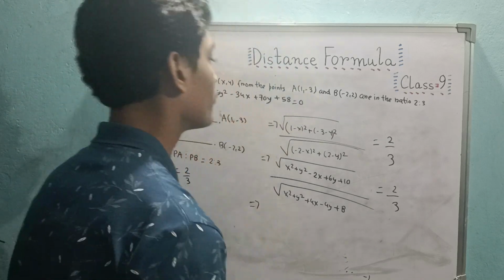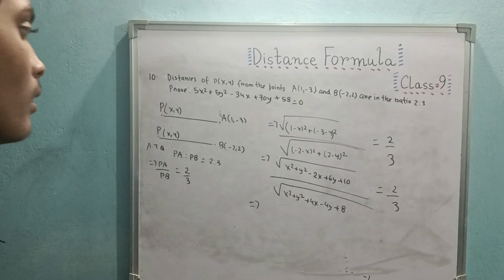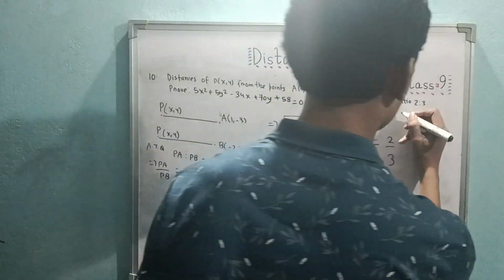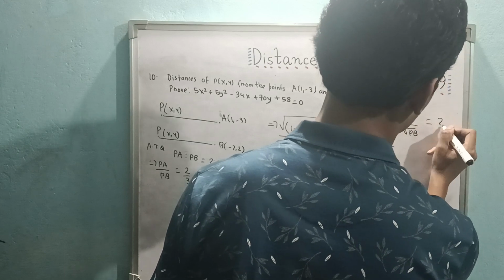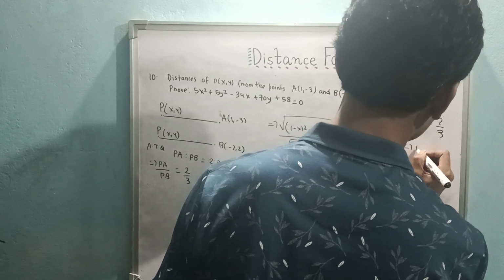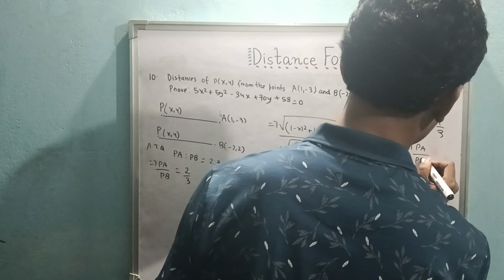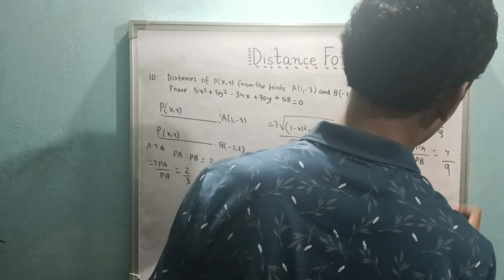So now what you have to do? Square both sides, then these roots will get removed. Suppose root PA by root PB equal to 2 by 3. Root PA square equals PA and root PB square equals PB, equal to 2 square 4 by 3 square 9.